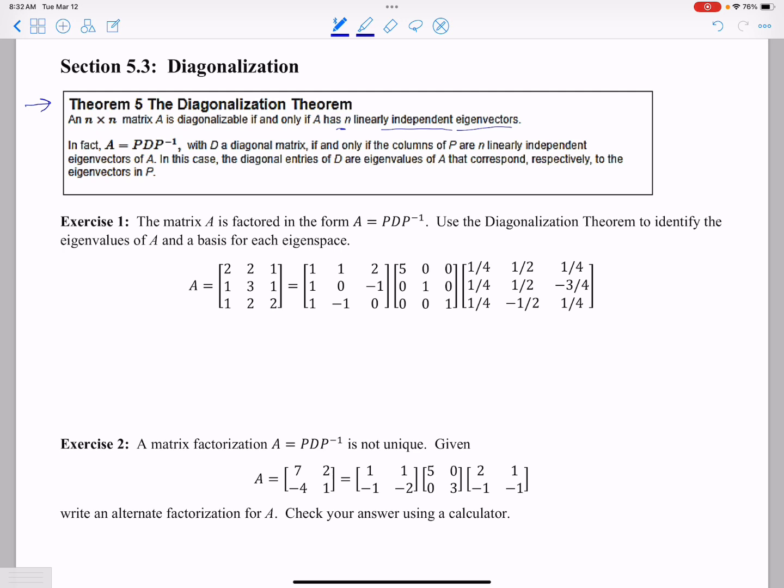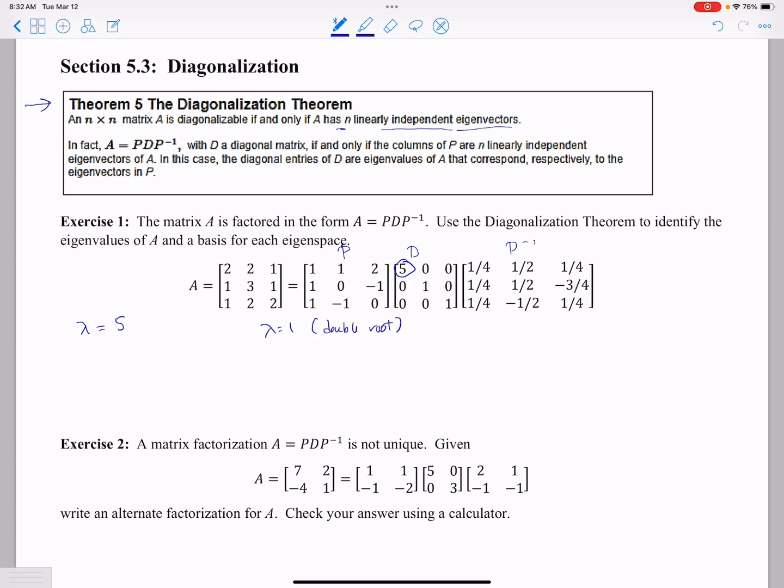So in this first exercise, you are given this factorization, PDP inverse, and we want to use the theorem to identify the eigenvalues of A and a basis for each eigenspace. So we have lambda equals 5 because of this, and we have lambda equals 1, and notice that's a double root.